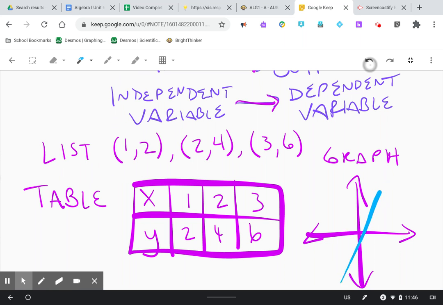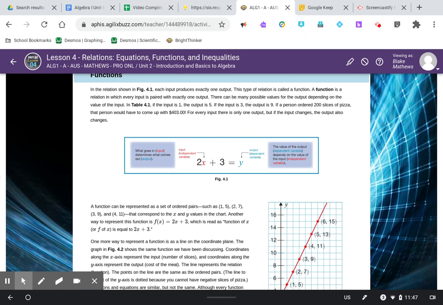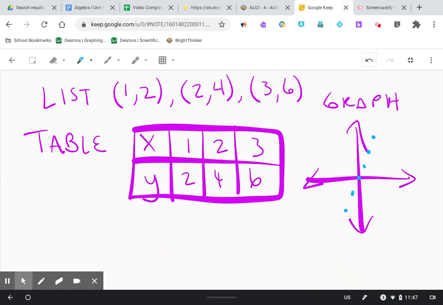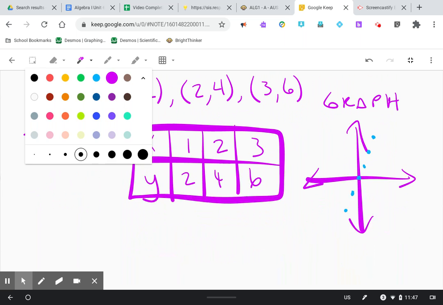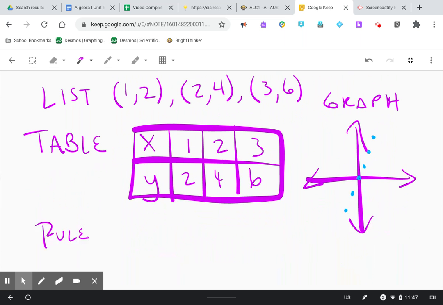Rather, I would probably want to put this in as a graph of different points. Or you can write it as what we call a rule. We call this function notation.